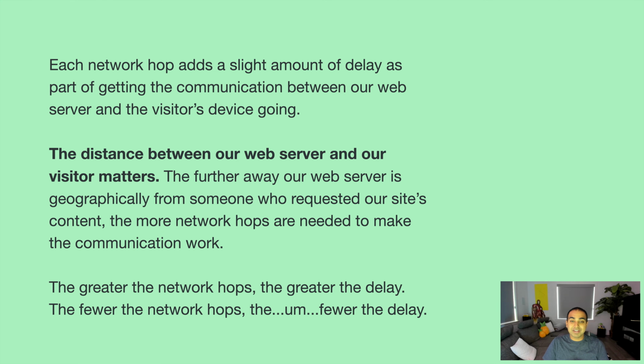You can imagine, just like in real life, if you had to jump from one place to another, the closer something is, the fewer jumps you have to make. And if it's something really across the room, you probably jump multiple times to get there. Just standard sack race rules in many ways. The greater the network hops, the greater the delay. The fewer the network hops, the smaller the delay.